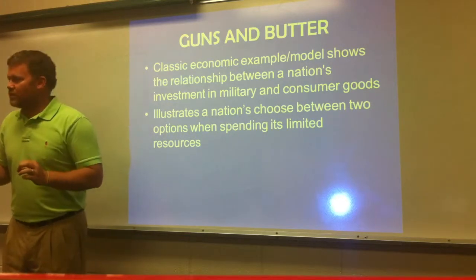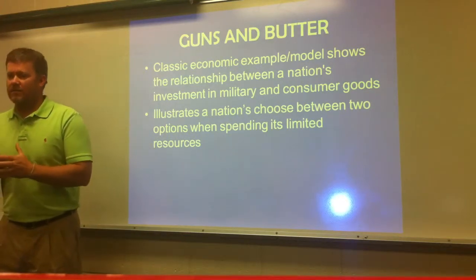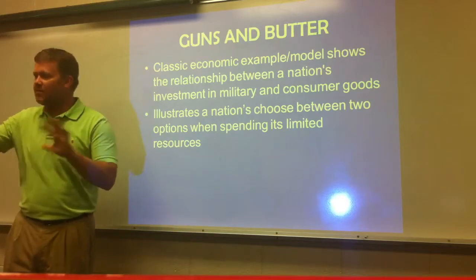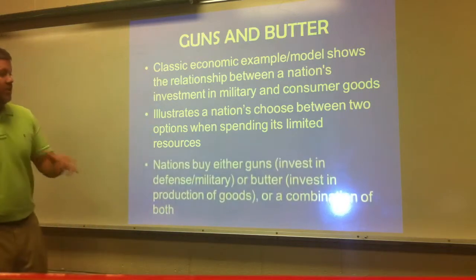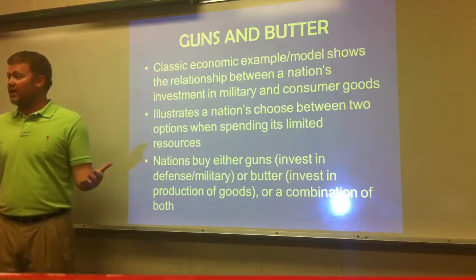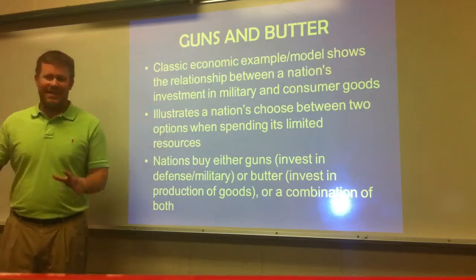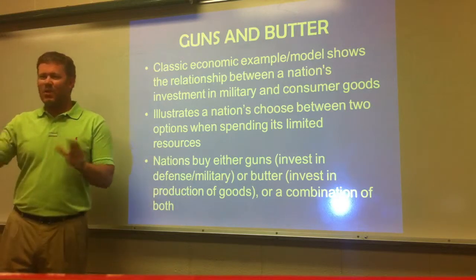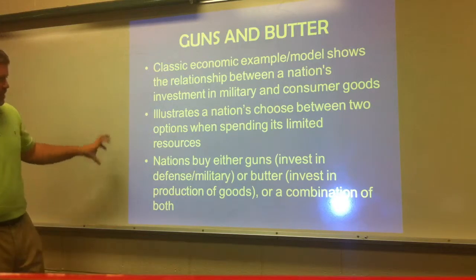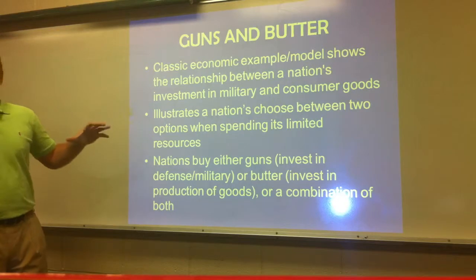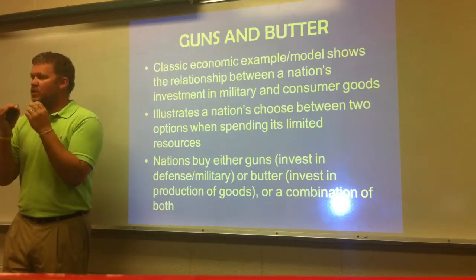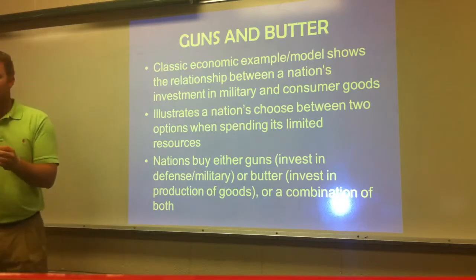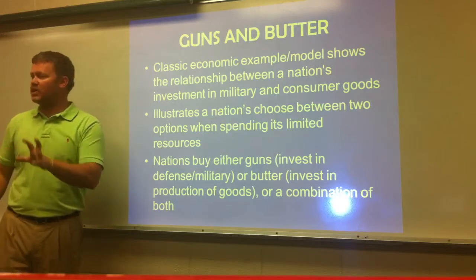You have limited resources, so you have to use those wisely. Okay? You can only invest so much in both things. You can choose to invest in only guns, no consumer goods. That doesn't really work out. You can choose to invest in only butter. Doesn't really work out. You don't have any protection, no defense. Or you can have a balance. You can select a combination of both, which is probably the best way to get your economy to work.